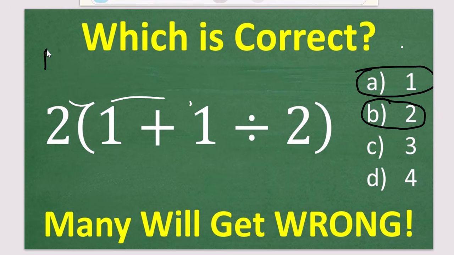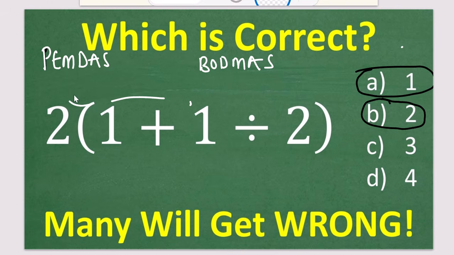There's a rule we call PEMDAS. Actually, people are used to BODMAS, but in this approach, we're going to use PEMDAS. Just like in British English, the word for parentheses is this.